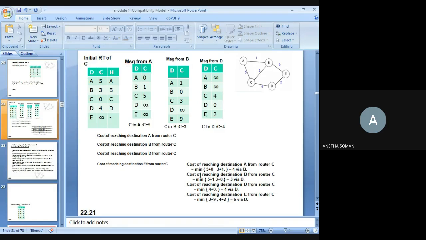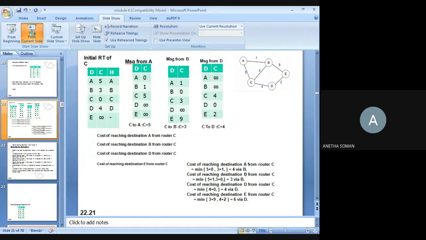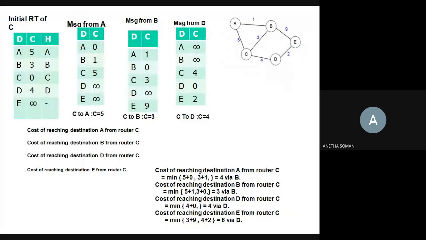Now all of you listen here. Your destination is router A, right? Once again, slides. Okay, so what is your destination? Your destination is router A, or the node A.